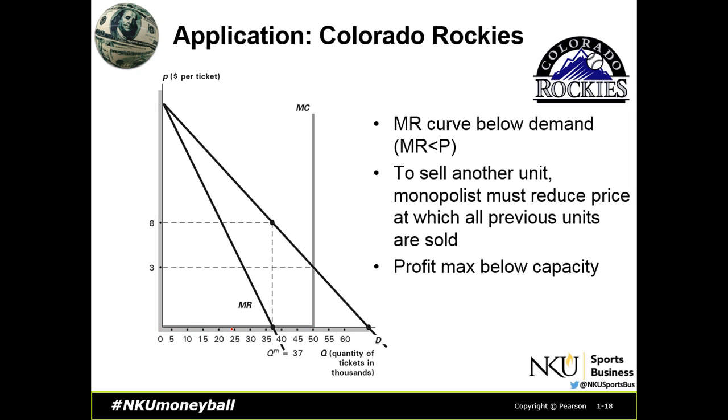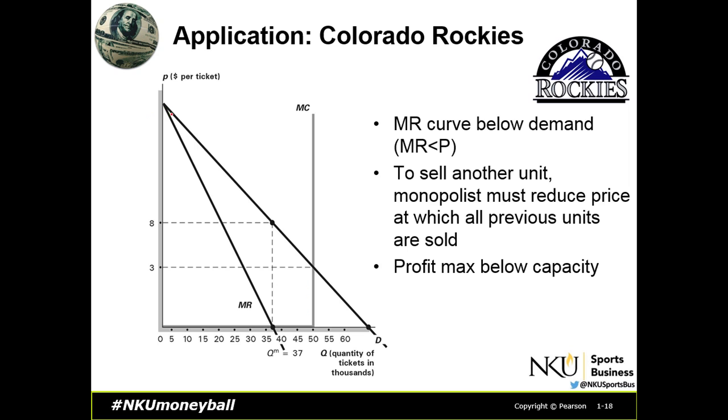There's virtually no additional cost to selling another ticket if you're under 50,000. Tickets involve very little variable cost, if any at all. So my marginal cost of selling an additional ticket is 0, so that's why it's 0 until I get to that 50,000, and then the marginal cost skyrockets. It's almost vertical because I've got to add to my stadium or build a new stadium, right? So that's why we see a marginal cost curve that looks like this.